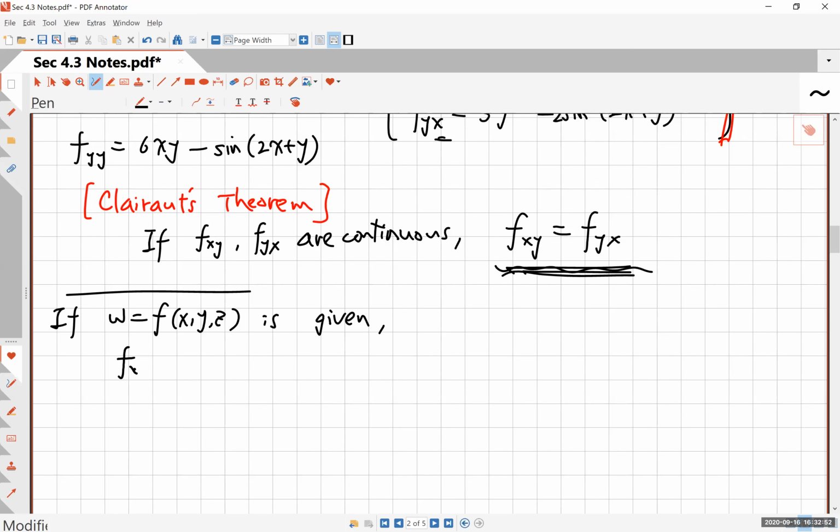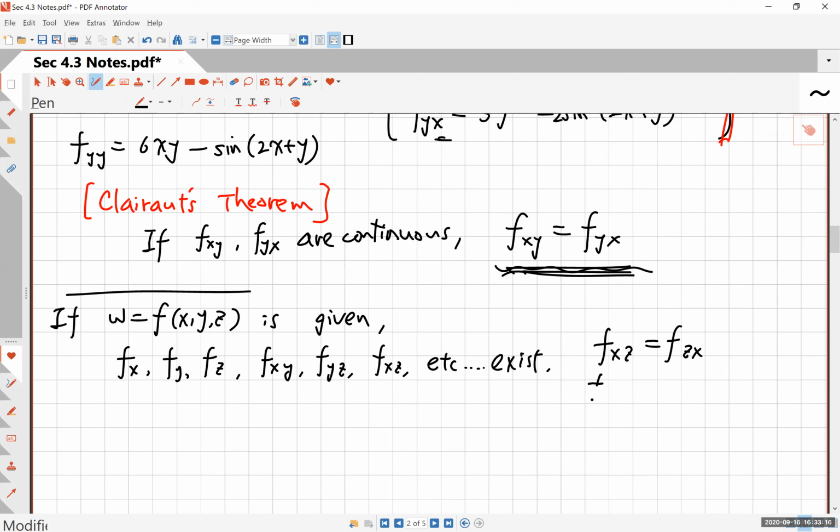You can talk about f_x, f_y, and f_z. You can take the partials like f_xy, f_yz, f_xz, and so on. They can exist, in fact most likely exist, and f_xz will be, not surprisingly, f_zx.